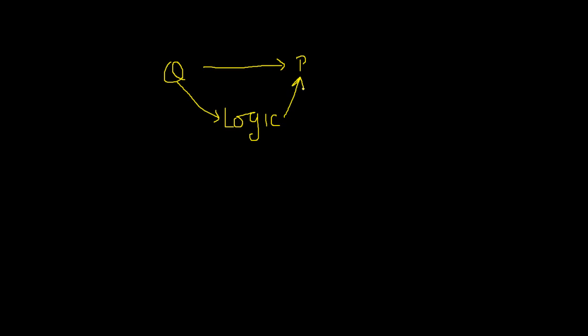So the habit you want to develop is this cycle: once you get the question, first you develop the logic for that program, and once the logic is ready, then you start writing the program.